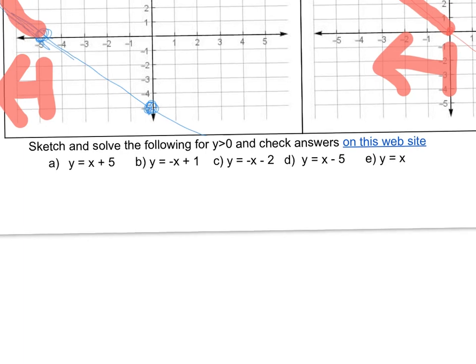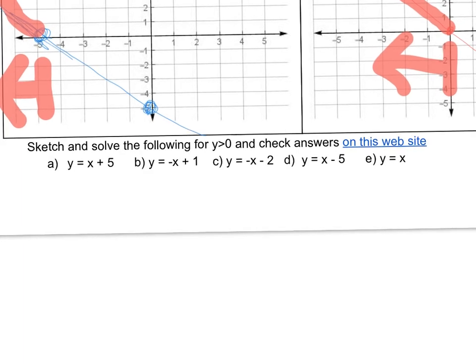I'm going to leave that right there for you to do, and I'll quickly do the answers for you. On the first one, x is going to be greater than negative 5. And the second one, x is going to be less than 1.